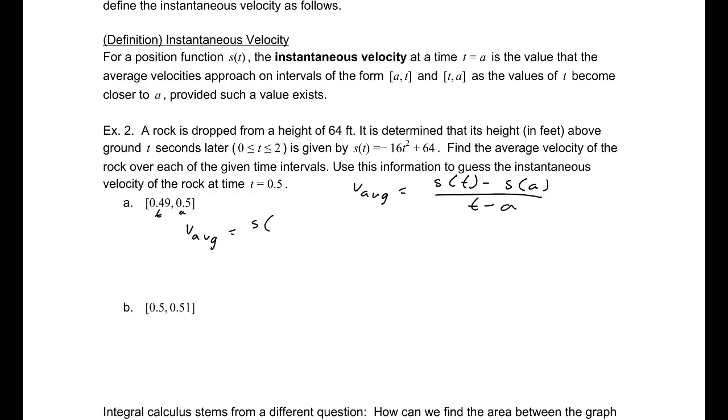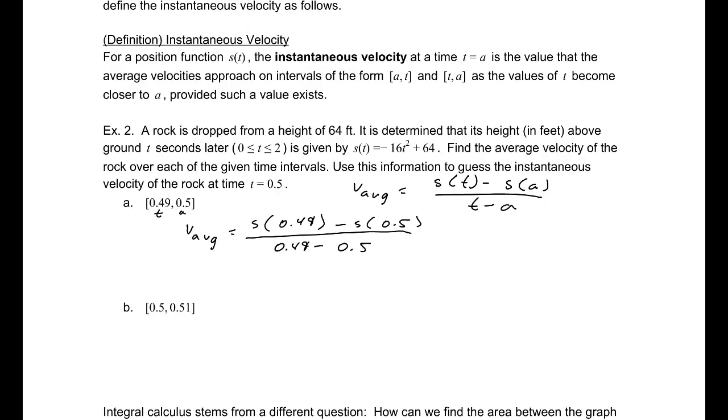So this is of the form t comma a. So this would be s of 0.49 minus s of 0.5 using our function notation divided by 0.49 minus 0.5.